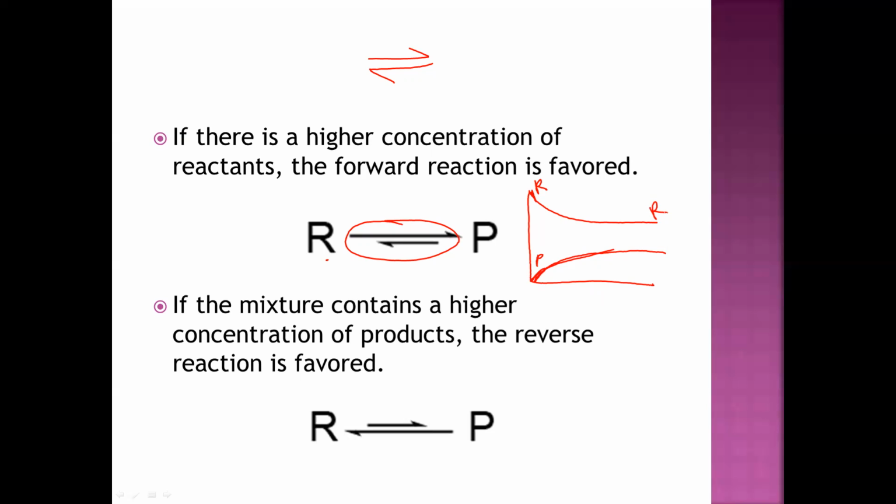And how the graph might look there is we still start with the products and reactants in the same spot, but maybe there's a bigger dip for the reactants and a bigger growth for the products. Since the products are higher here, it's more likely that they're going to turn back into reactants because there's too many.